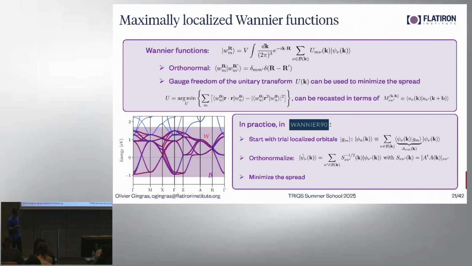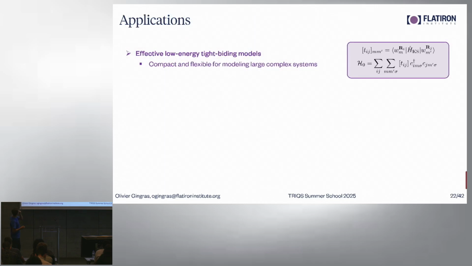But that brings me to why we would want maximally localized Wannier functions. Right, applications. The point of Wannier functions is that you don't need to consider all the orbitals. If you want to consider the orbitals that are in the code, you need a bigger set of orbitals to really capture the whole physics.